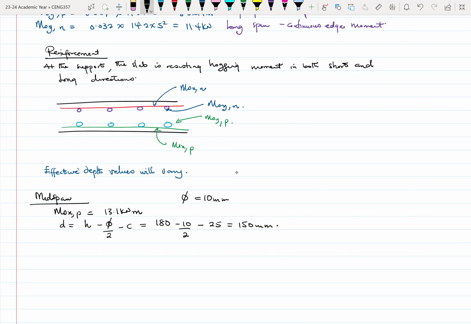So this becomes the D. Now our ASXP will be equal to the moment MXP over 0.87 FY Z. This is going to be 13.1 times 10 exponent 6 divided by 0.87 times 460 for the FY, and for the Z it will be 0.95 times 150.